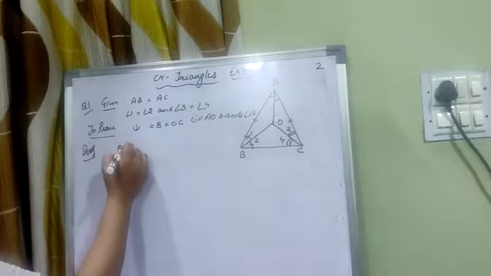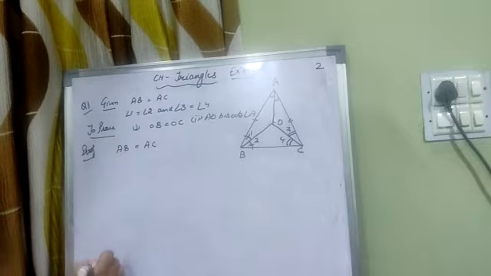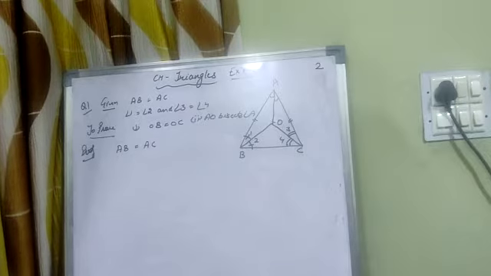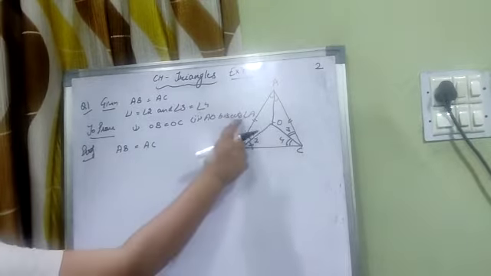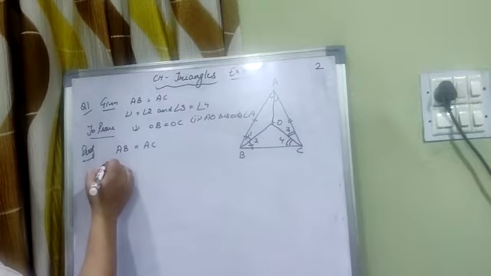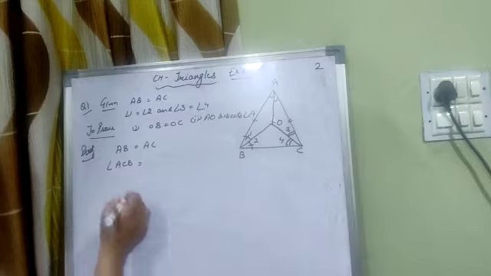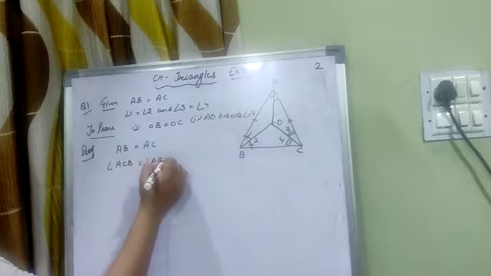We have AB equal to AC, and we know that if two sides are equal in a triangle, then their opposite angles are also equal. Angle opposite to AB is angle ACB, and angle opposite to side AC is ABC.